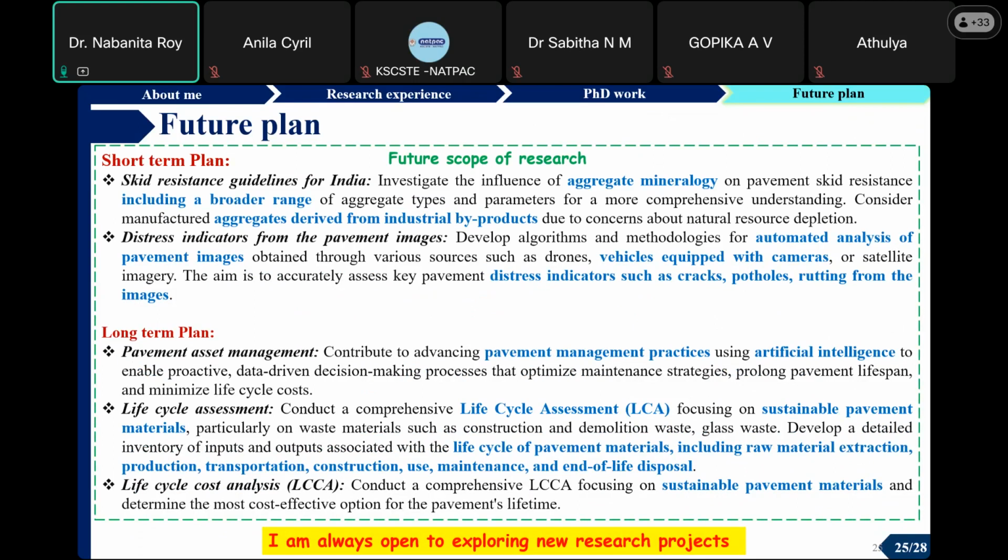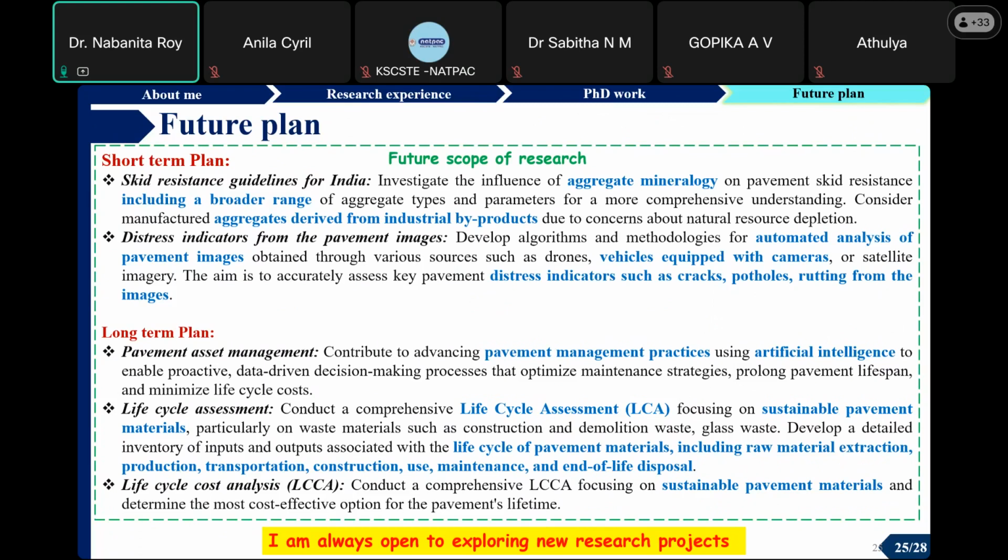And as I have expertise on pavement, expertise on image analysis, I want to see using image analysis what other applications we can do, like distress indicators and crack development. Or maybe mapping, right, to detect the potholes, severity of rutting, like that.